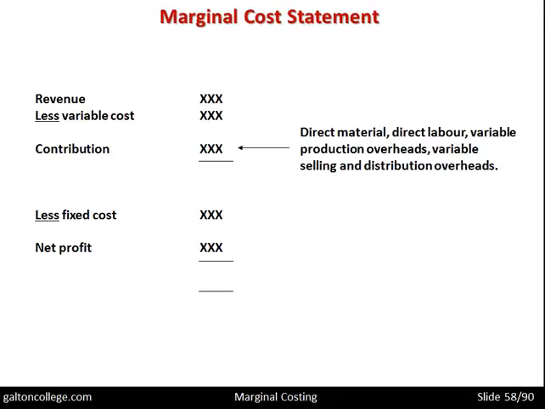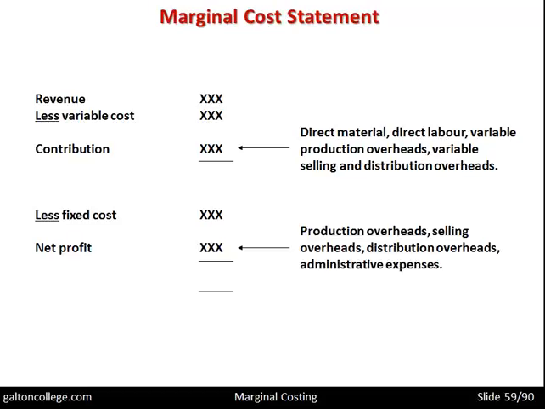So the contribution here is direct material, direct labour, variable production overheads, variable selling and distribution overheads. So that's what we get in terms of contribution. And in terms of net profit, we have production overheads, selling overheads, distribution overheads, administrative expenses. And once these have been paid, we have the net profit.